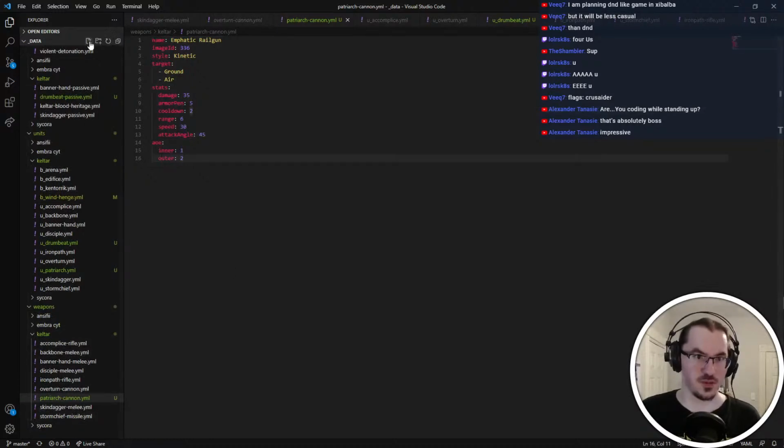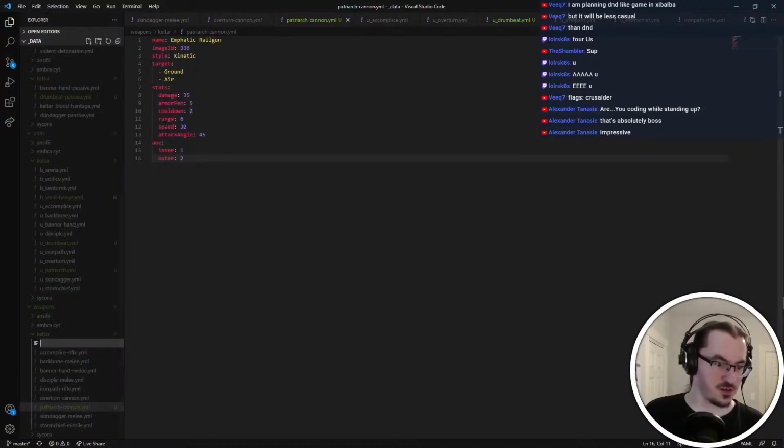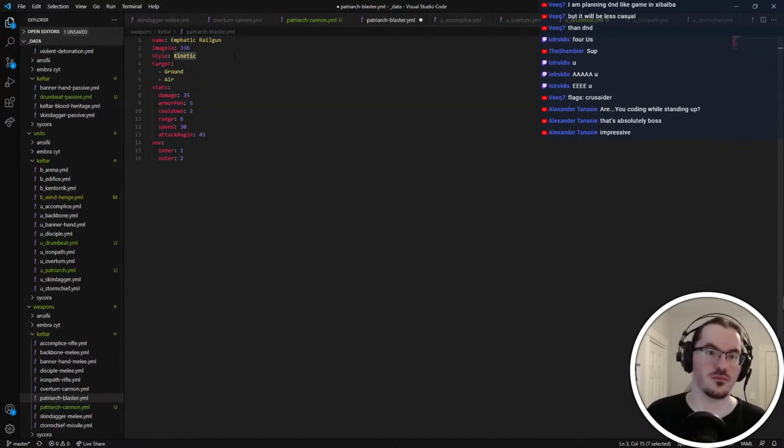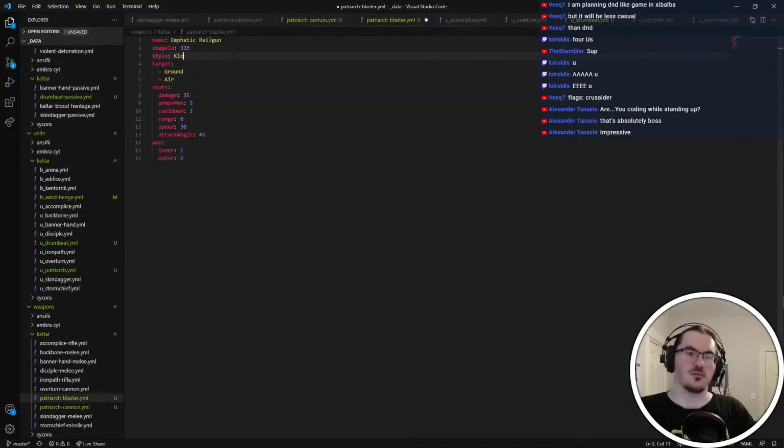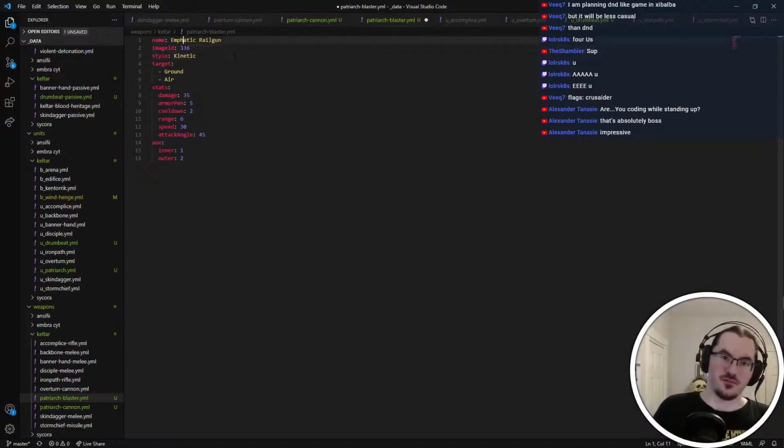Then I guess we'll just copy this and make a laser. I think it was blaster, but it will be a laser.